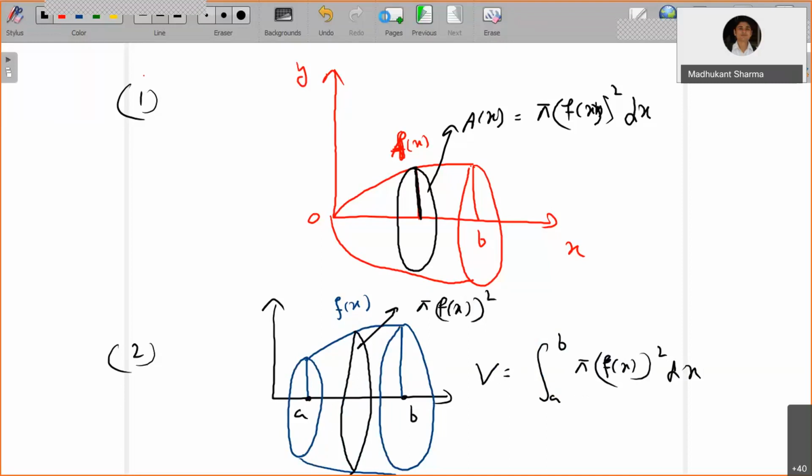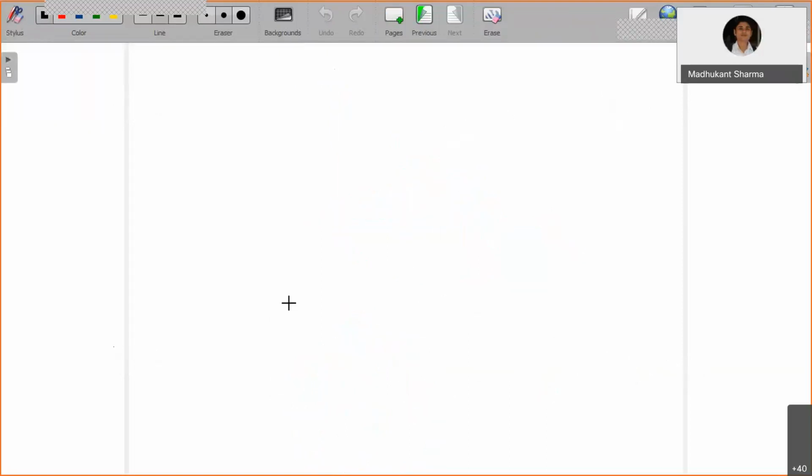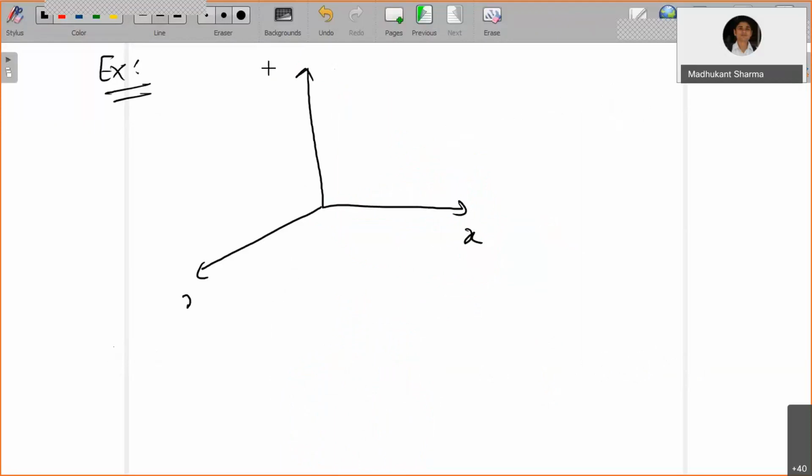So let me give you one example. Let's calculate the volume of a sphere. If you look at this example, you have x, y, and z, and this sphere here, which is x square plus y square plus z square equals a square.